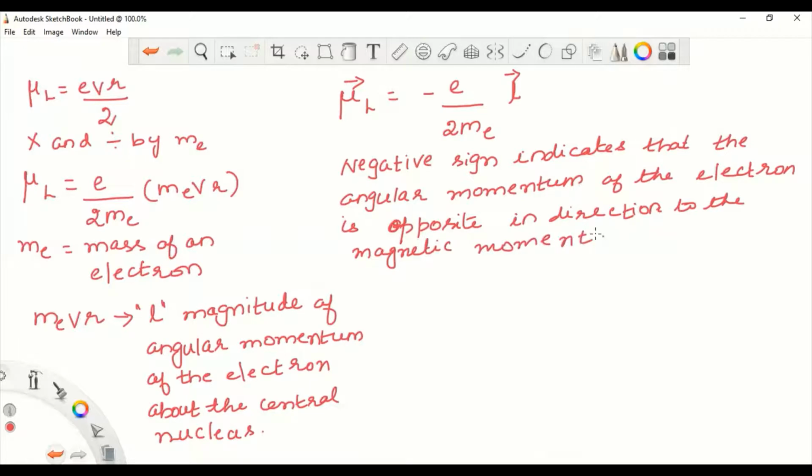Now let us assume that instead of an electron, we have a particle with charge plus q.